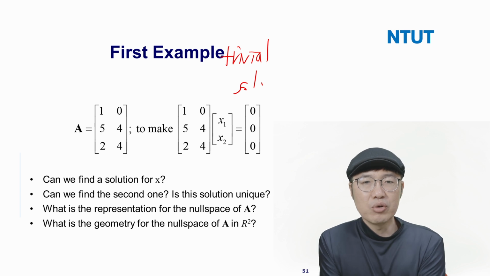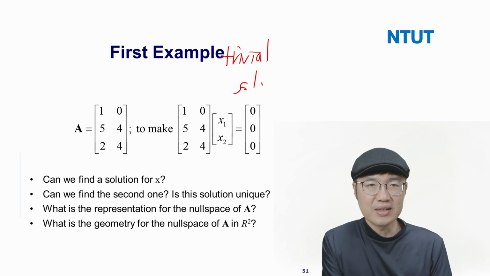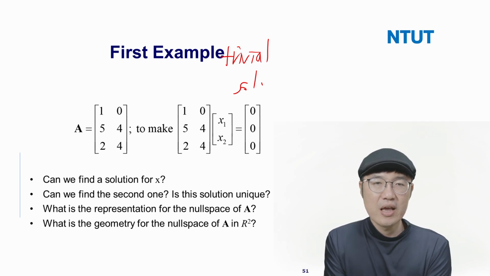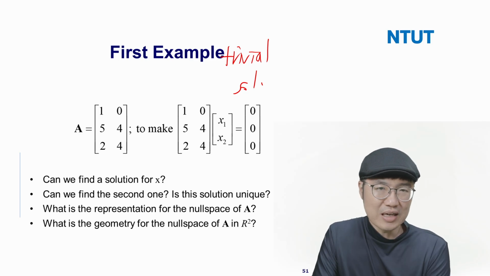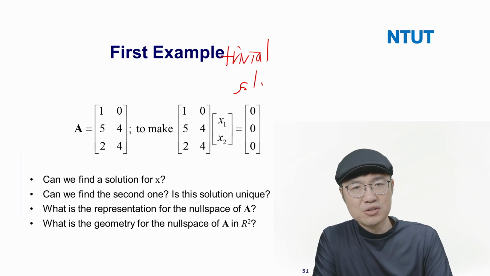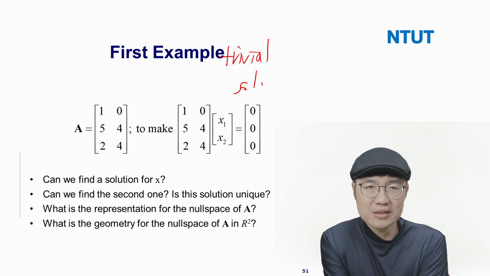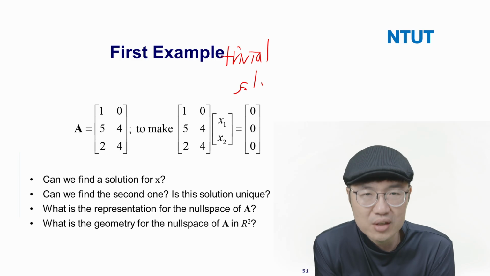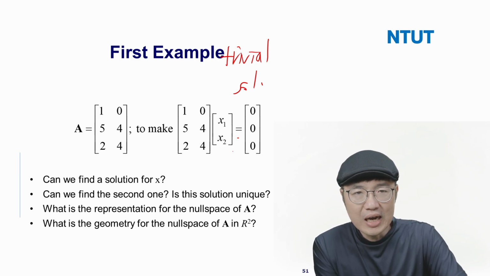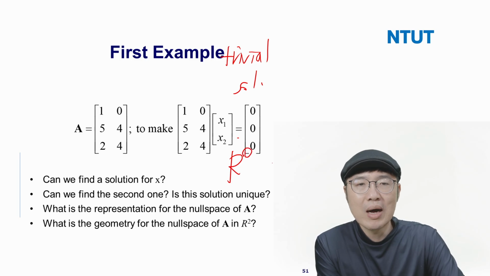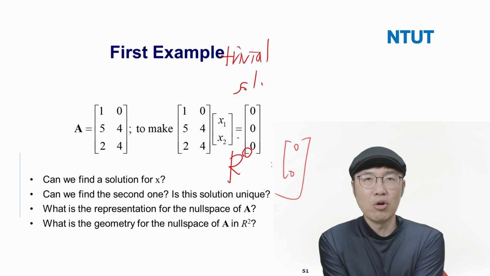So, can we find a second one? Can we find one other than 0, a non-zero solution in this case? You try hard to find a non-zero one. You would like to get x1 times the first column plus x2 times the second column and get 0. But you can never do that, because this is the only way you can have 0 for such an A. It means the null space is just one point, 0, 0, the origin.